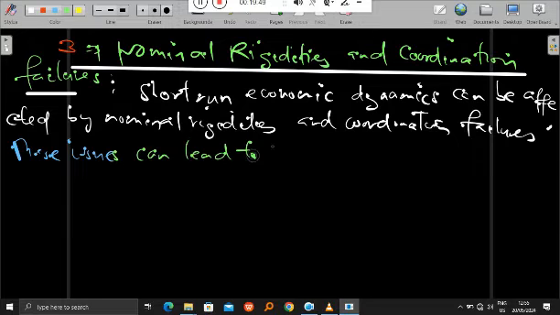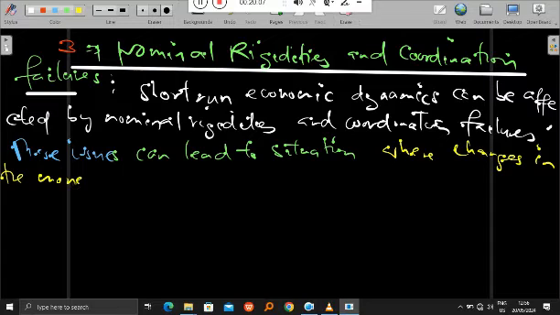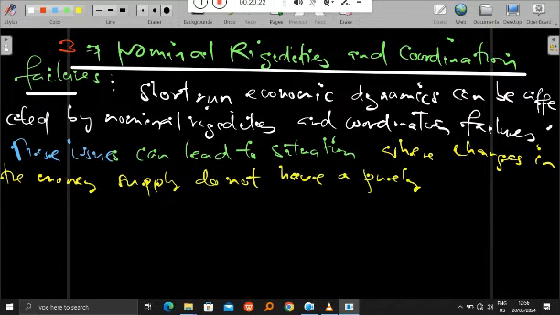So the nominal rigidities and coordination failures may be the reasons why the classical dichotomy might be considered irrelevant during the short run time period and more relevant to the long run period.